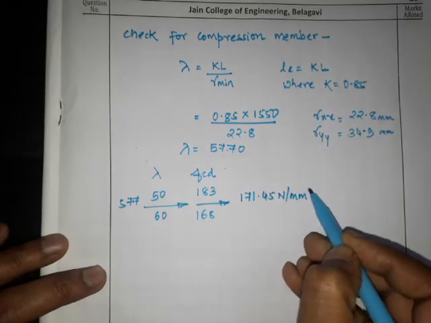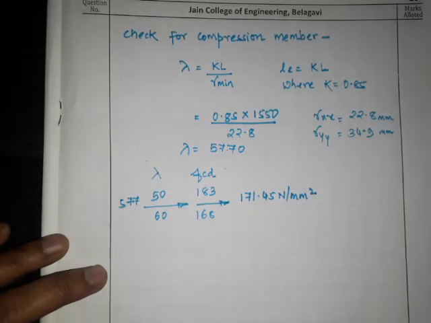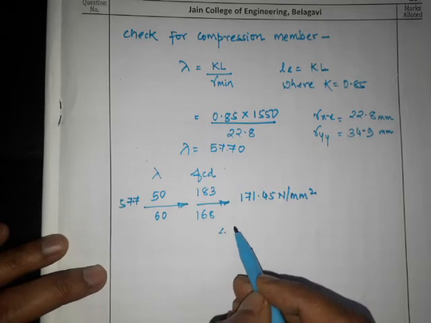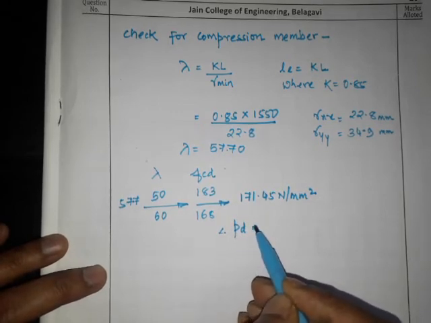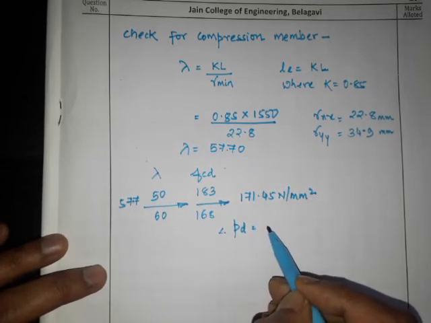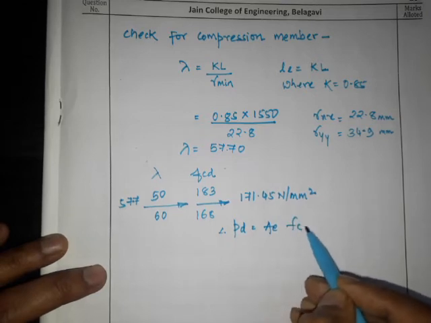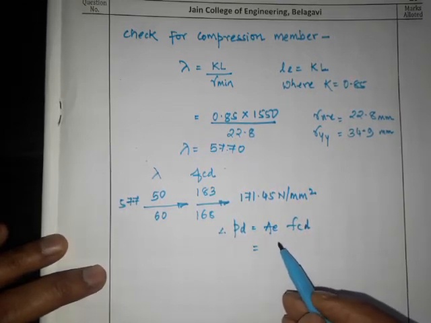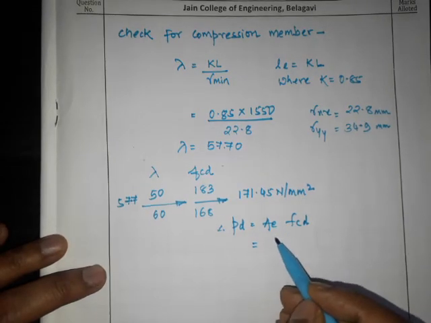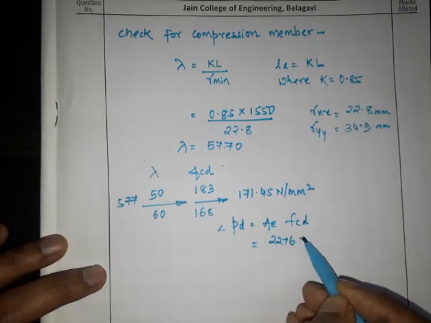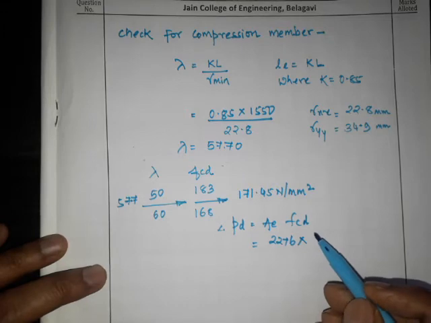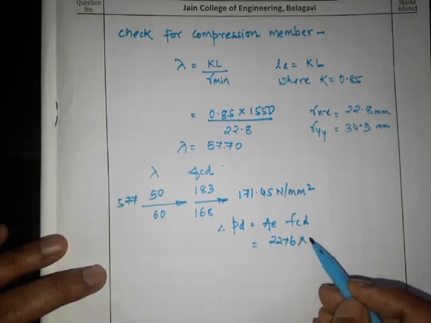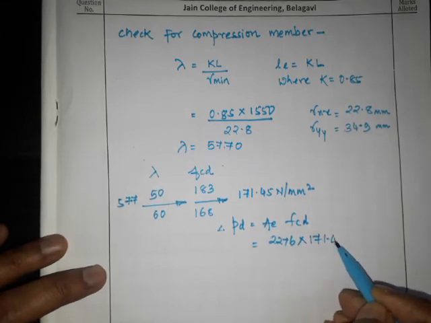Therefore Pd is equal to Ae into fcd. Ae we have already got as 2276 mm square, into fcd, which is 171.45.